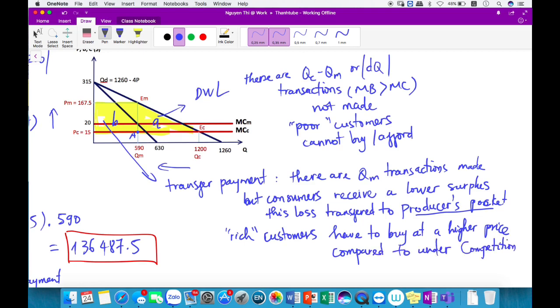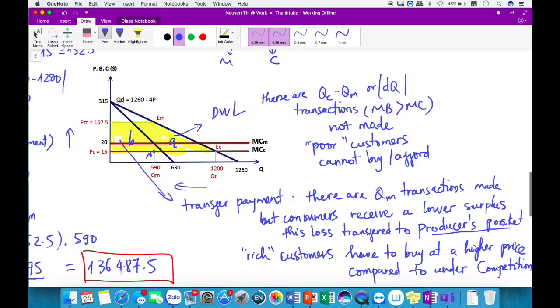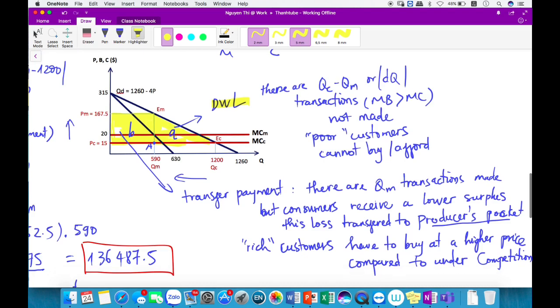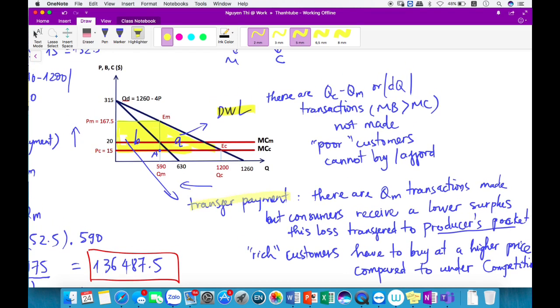So that's the meaning behind the loss of consumer surplus. That includes the deadweight loss from poor customers who cannot buy or afford the good because of the higher price, and the transfer payment, or the loss of consumers in the market, becomes the abnormal profit for the monopolies.